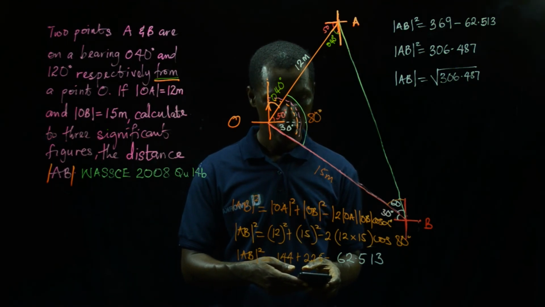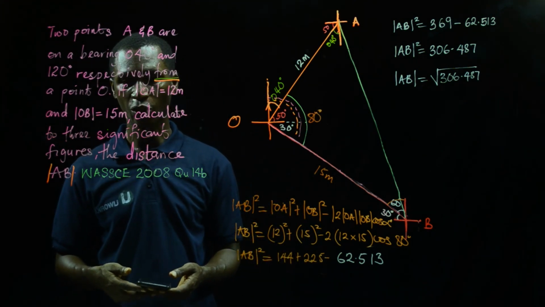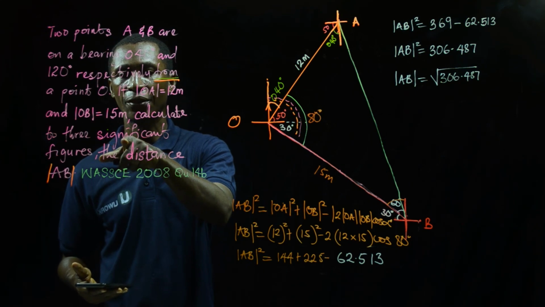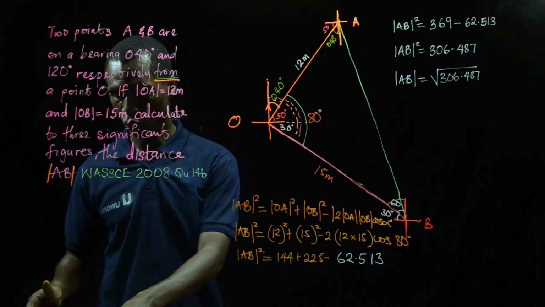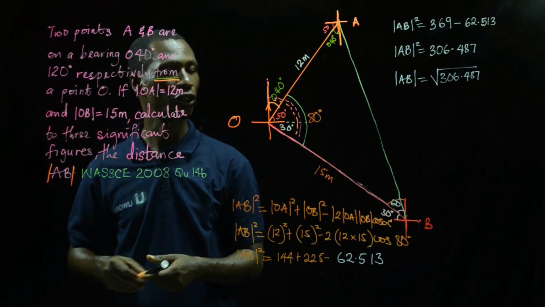What do you get? You are going to get 17.506, and you're supposed to leave your answer in 3 significant figures. First write the figure before you run to the significant figure you want.